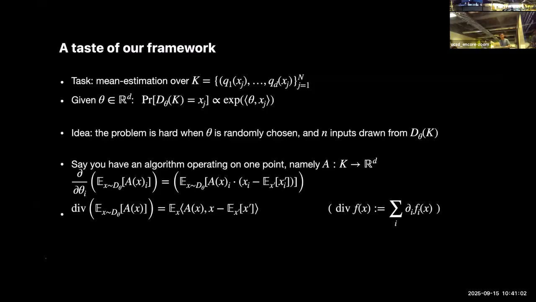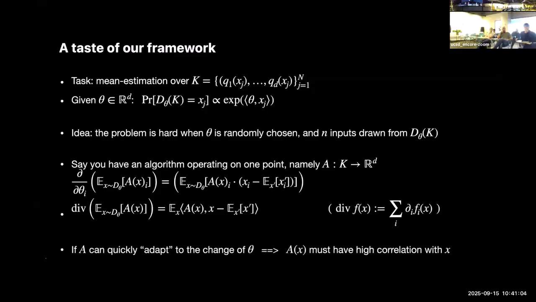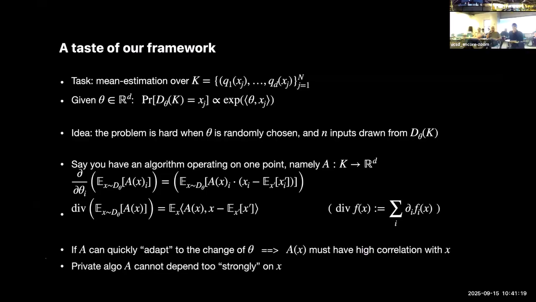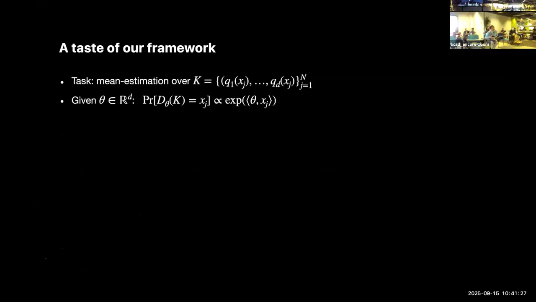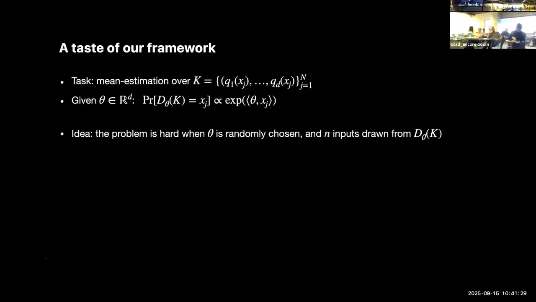So this is a local viewpoint. It says how fast your algorithm adapts to the change of theta is directly connected to how the output of the algorithm is correlated with its input. For the purpose of privacy lower bounds, the message here is that a private algorithm cannot depend too strongly on a single point, but forget about it.